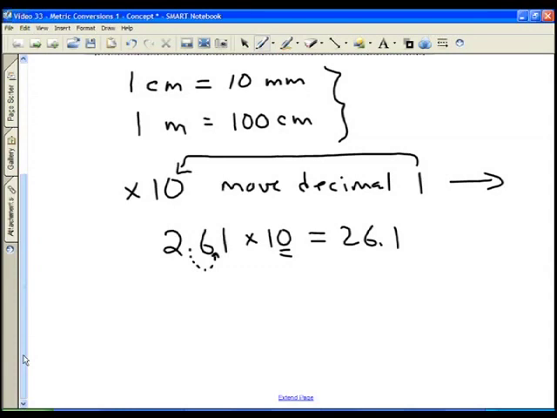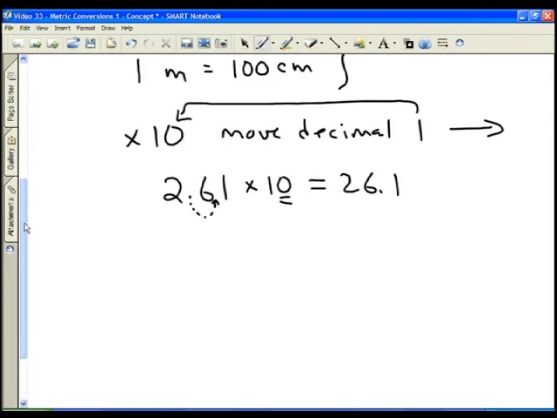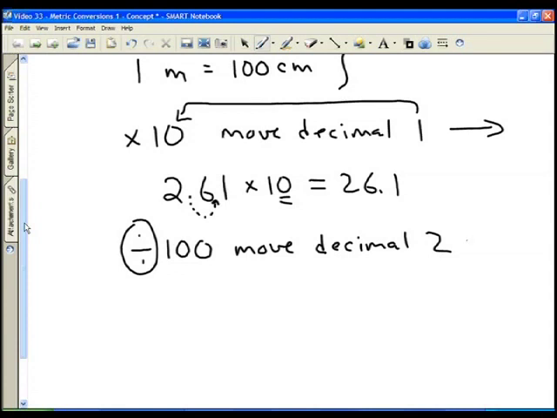And similarly, when we're dividing by 10 or by factors of 10, let's say we're dividing by 100, then we're going to move the decimal 2 places, and because we're dividing means we should be getting smaller, we're going to move the decimal to the left. In this case, we're going to move it 2 to the left because there's 2 zeros.